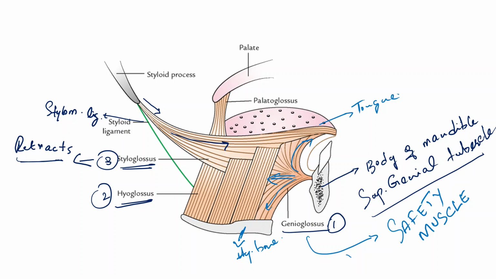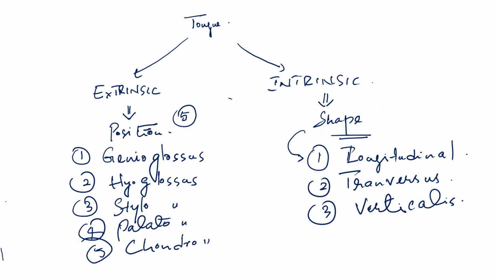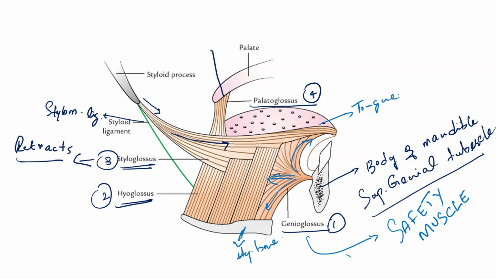Next, moving on to the muscle palatoglossus. This palatoglossus muscle takes its origin from the undersurface of the palatine aponeurosis of the soft palate, and the insertion is onto the base of the tongue.